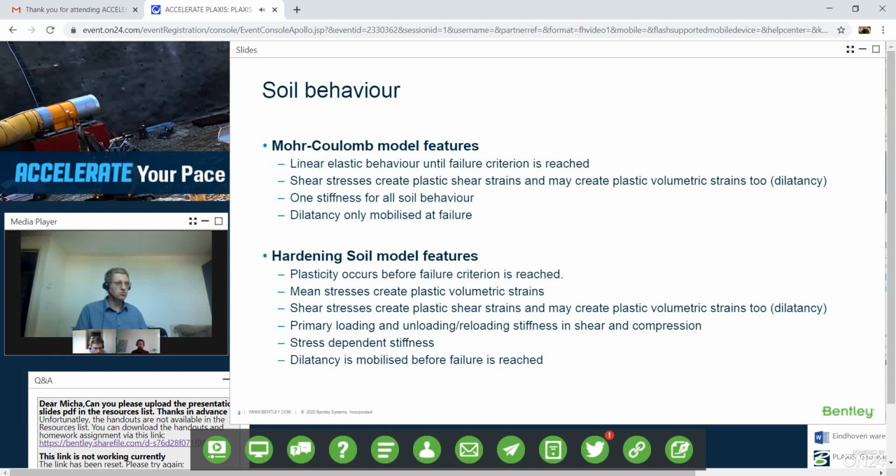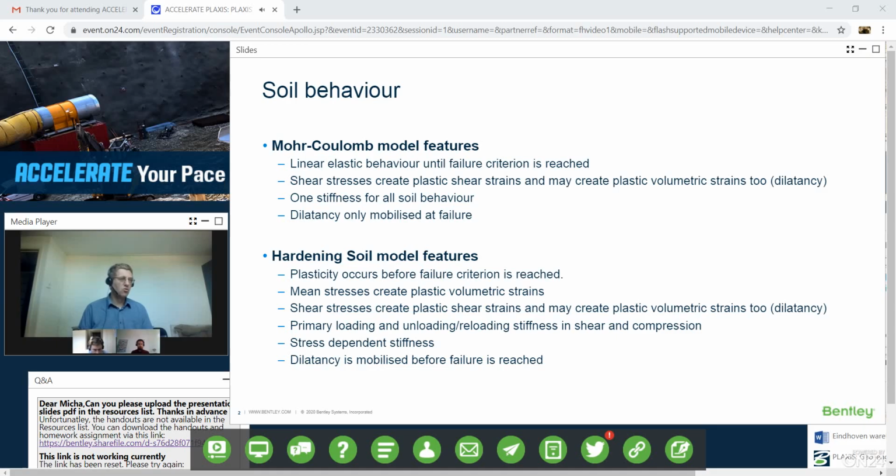Now, the Mohr-Coulomb model has one stiffness parameter, which is the Young's modulus, and that one stiffness parameter has to be used for all possible soil behavior, which also means you may have to choose what exactly you want to put into the Young's modulus. I just explained we did an excavation exercise.